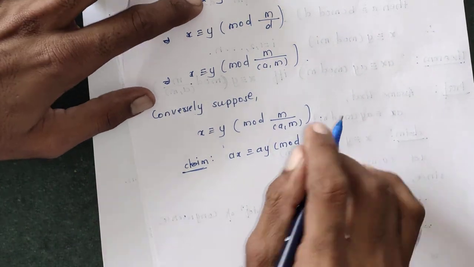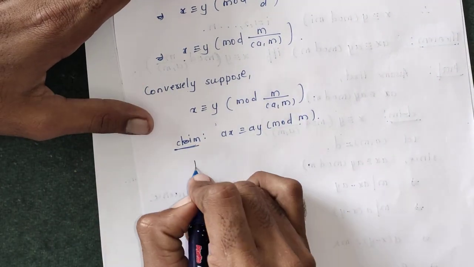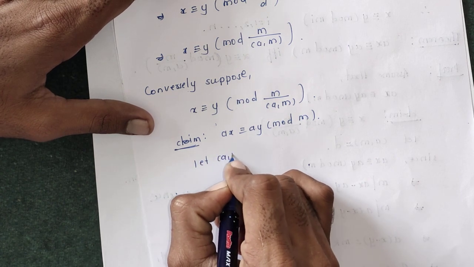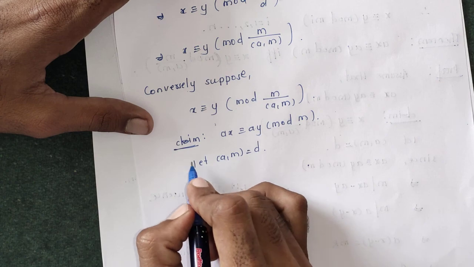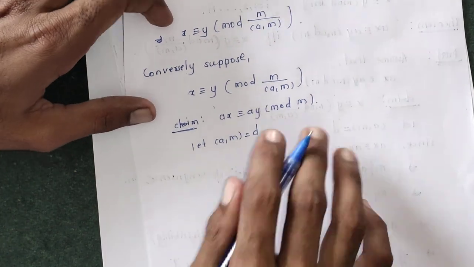Now suppose this GCD of a and m is equal to d, as we have supposed earlier in this proof.